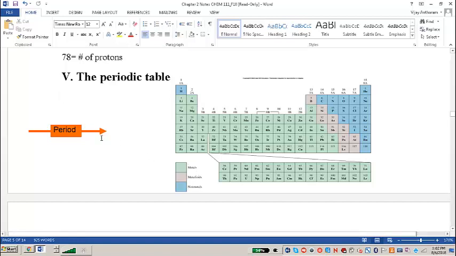The second important point is that I talked about going up and down as a group. Going from left to right or across a row is called a period. So this would be period 1, the periodic table, period 2, period 3, the fourth row is period 4, the fifth row is period 5, the sixth row is period 6, and the seventh row is period 7.